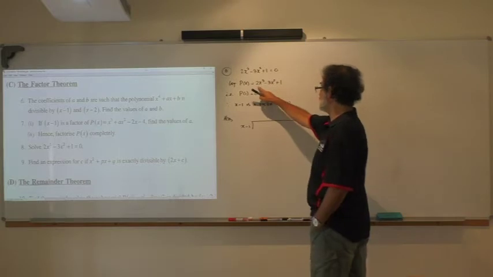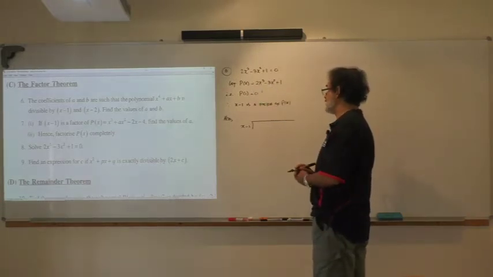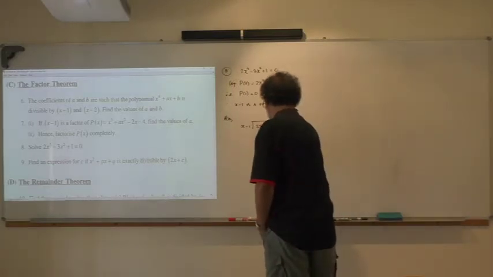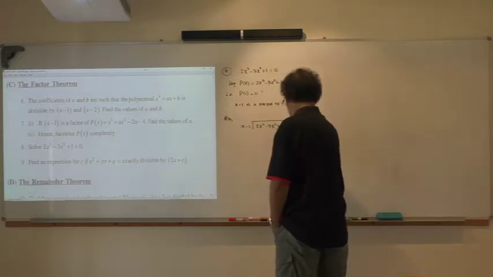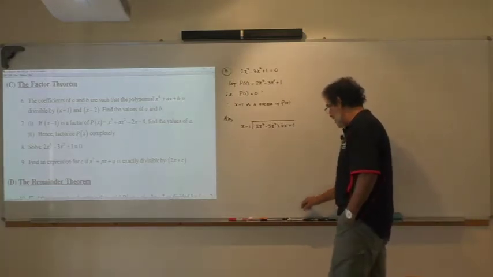Okay, and you can see straight away that something is missing. What is missing is the x term. So we do 2x cubed minus 3x squared plus 0x and then plus the constant. Okay, now we are ready. Right.